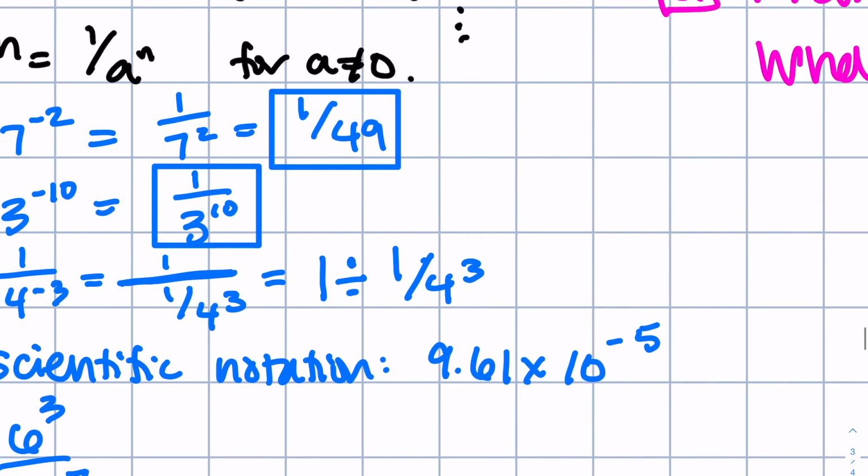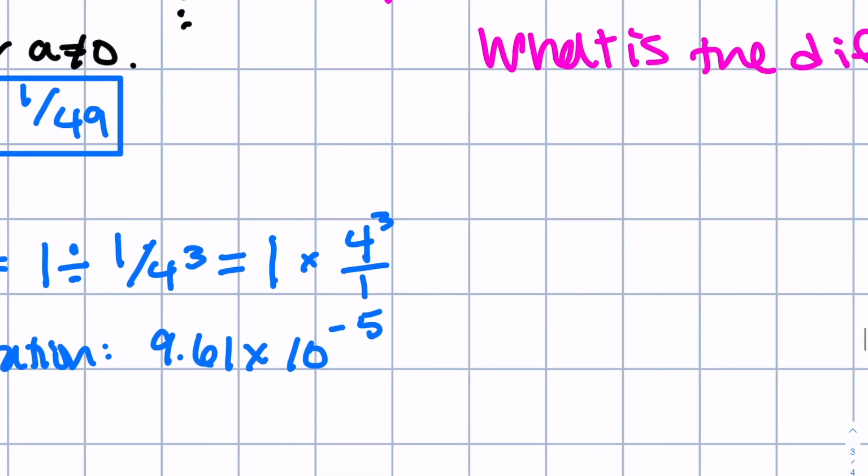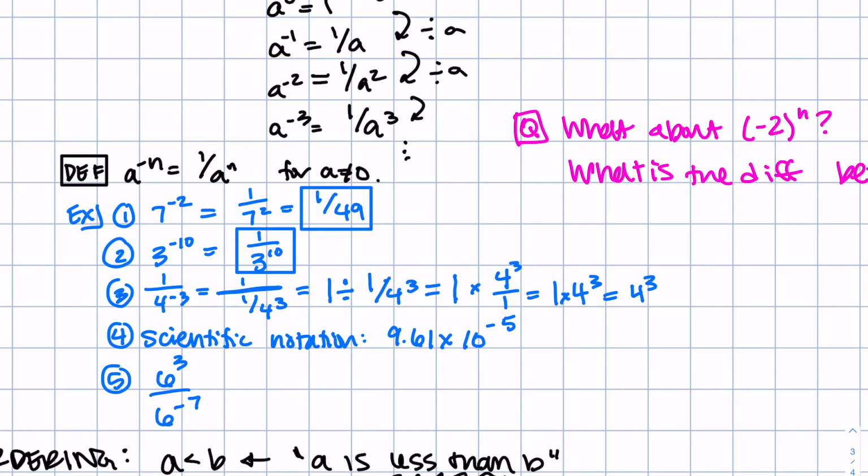So that's the same thing as taking 1 and multiplying by the reciprocal, which is 4 cubed over 1, or just 4 cubed. So it's 1 times 4 cubed, or just 4 cubed. Great. Which if we wanted to, we could write as 64.